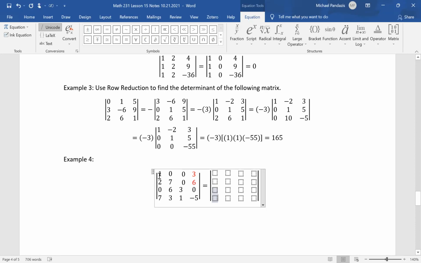So we want to get rid of 3 and 6. It's a little tricky. So you take the first column, -3 times it, add to the last column, and it gets rid of it. So 1, 2, 0, 7.